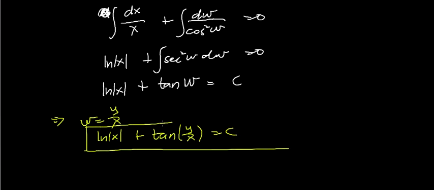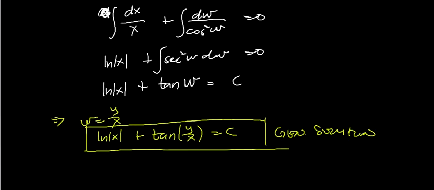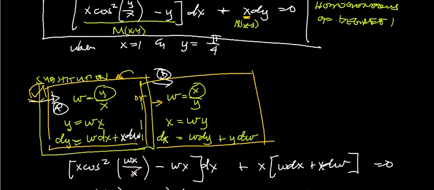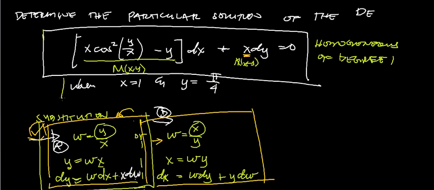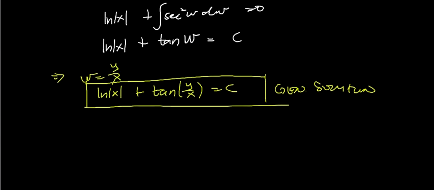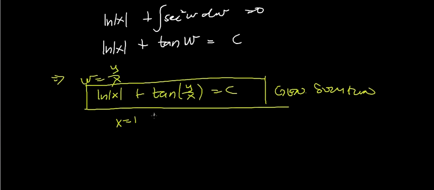So this is now our general solution, but our task is to find the particular solution given the initial condition x is equal to 1, y is equal to pi over 4. So let's substitute the value of our x and y.